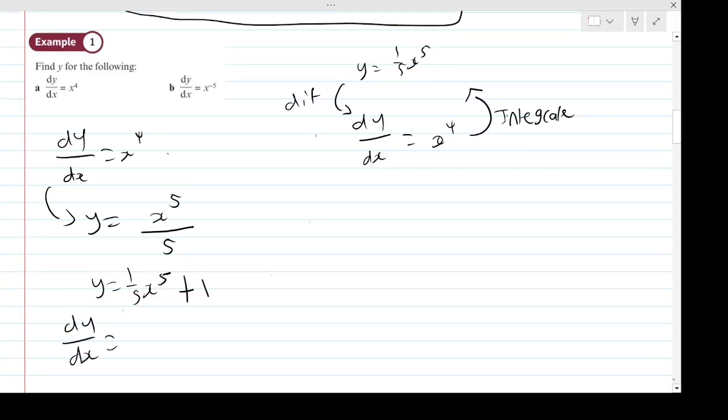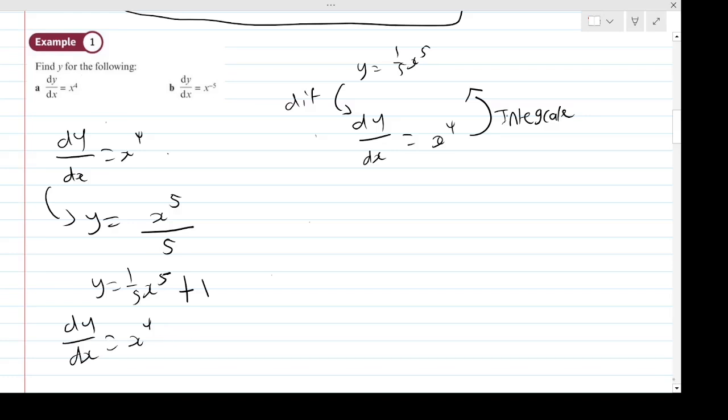A 5th x to the 5 is just x to the 4. That makes sense. That's what we were given. But then what does 1 differentiate to? You should know any number goes to 0 after differentiation. So we still just get x to the 4.